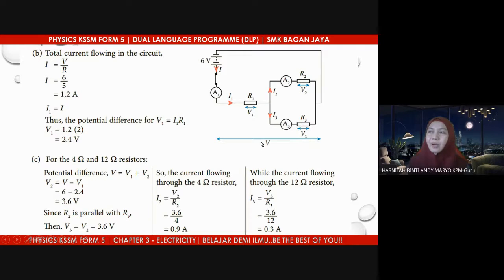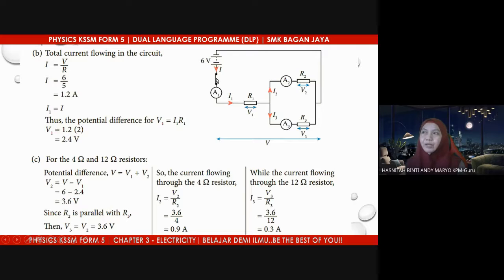Okay, so now we can find the current flow in R2 and R3 again using the Ohm's law formula. I2, current flow in the second resistor, V2 is the potential difference, and R2 is the resistor. So 3.6 is the voltage here divided by the resistor 4, so 0.9 ampere of current flows here. Okay, and this one 0.3 ampere. So when you total this back, 0.9 plus 0.3, you will get back the total current 1.2 ampere.